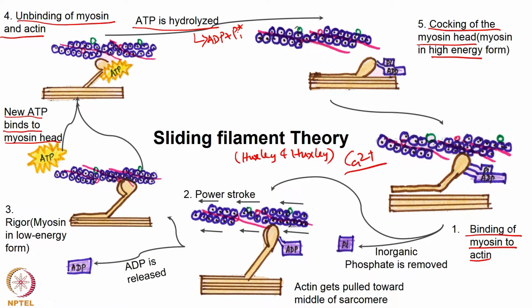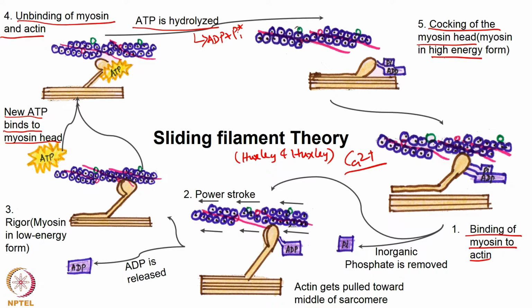To that region the head of the myosin is attached, but it is not completely exposed. Because of that reason it is in a weak state. So, there is a weak attachment of myosin to the actin in the high energy state.